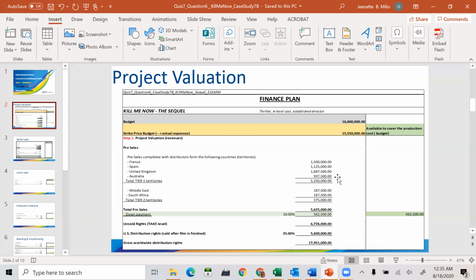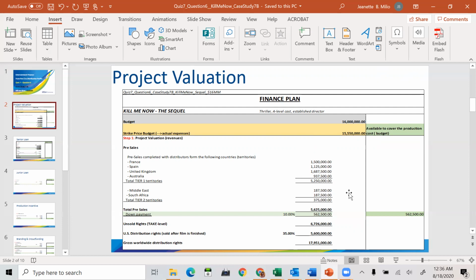These are the actual pre-sales that you'll be making, and they're not changing. They're the same as in the case study in your module. Those territories are referred to as tier 1 territories, which means the bank is going to look at them as stronger territories, which will lead to them being cash flowed at a higher percentage.